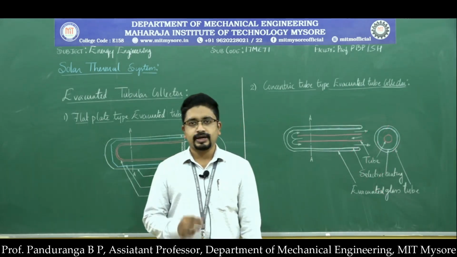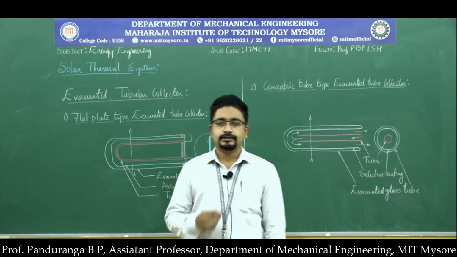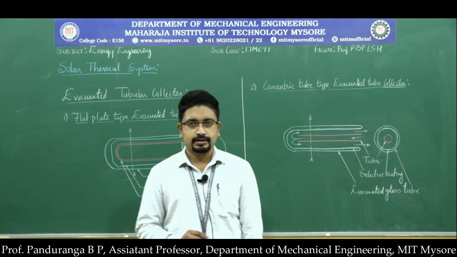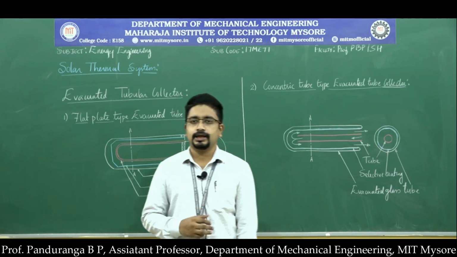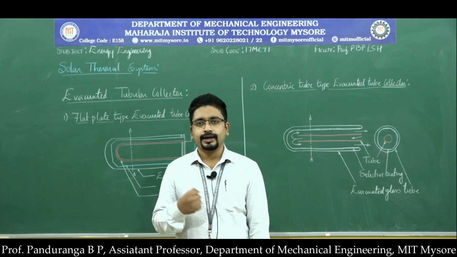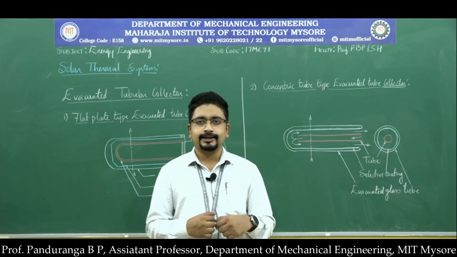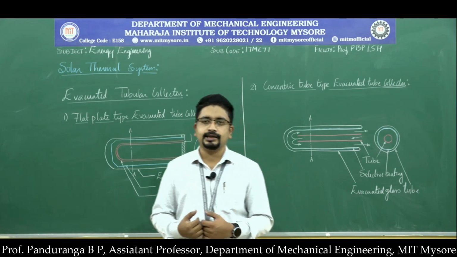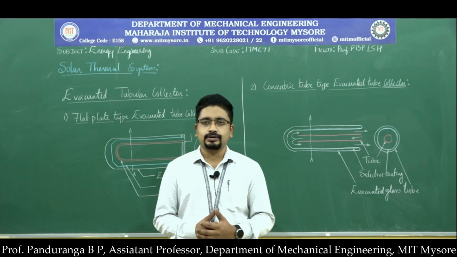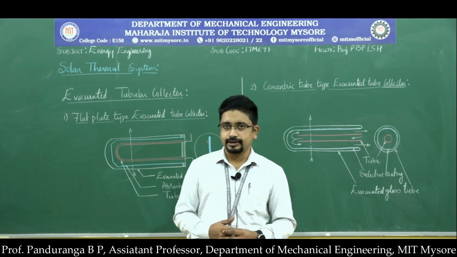One of the major drawbacks with a flat plate collector is that there is a lot of scope for the absorbed heat energy to be lost to the atmosphere. One thing is the structure is made of metal. The heat can easily conduct through the metal and be released to the atmosphere.